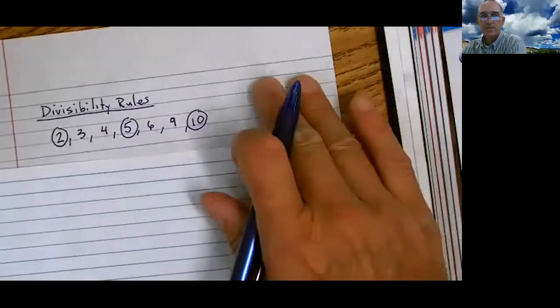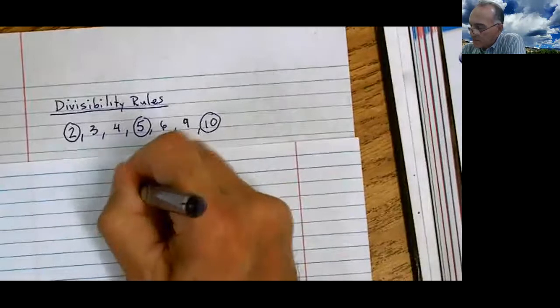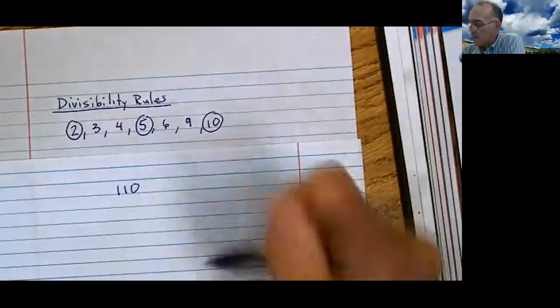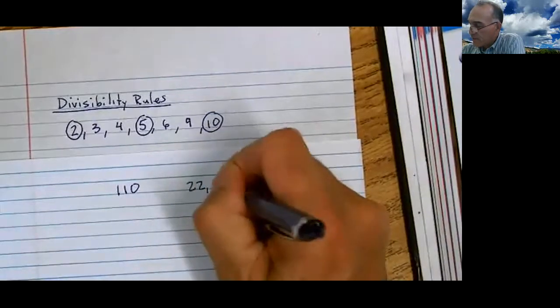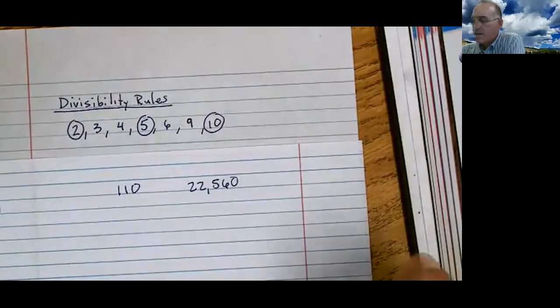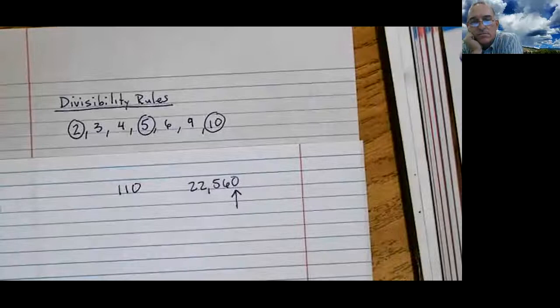It's divisible by 10 if the ones digit is a 0. That's divisible by 10. What about this number? Is that divisible by 10? Yes, because the ones digit is a 0.